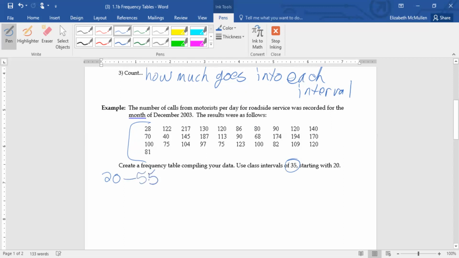So between 20 and 55, then 56 plus 35 is 91. From 92 to 127. Do we need to go further? We do. We've got to go all the way up to 194.